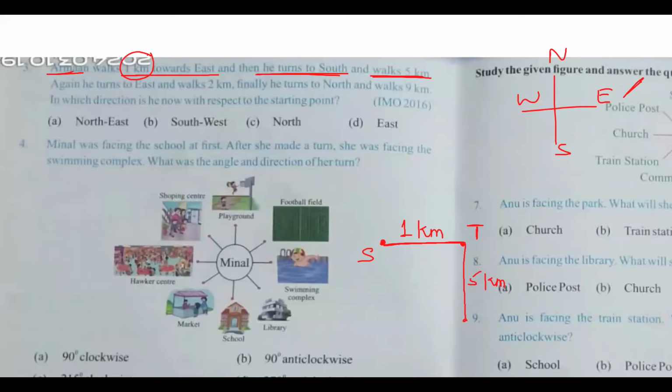Let us name this point as U. Followed by again he turns to east and walks for 2 kilometers. So from point U, again he turns and walks towards east. Again east direction will be this direction, right? And for 2 kilometers, so we'll write 2 kilometers like this. Let us name this point as V.